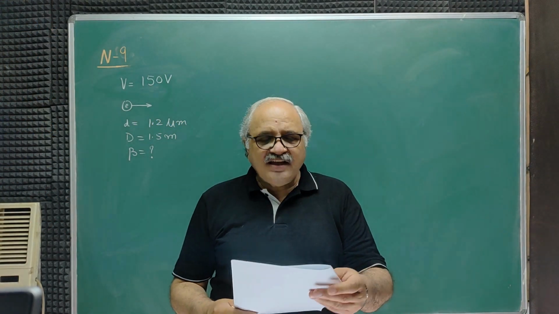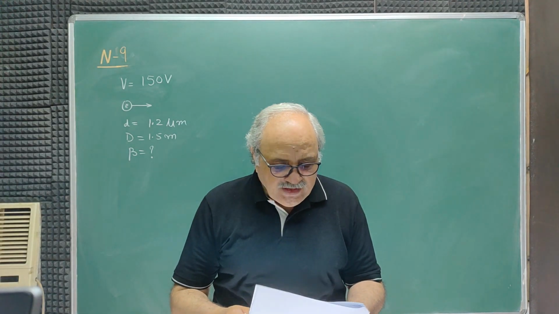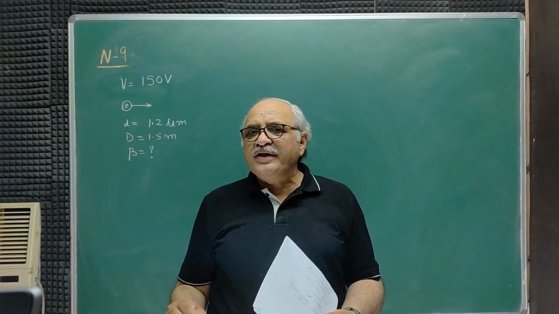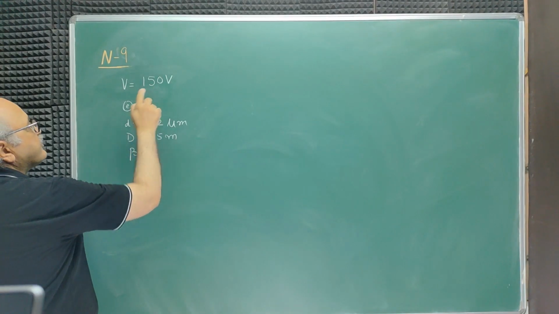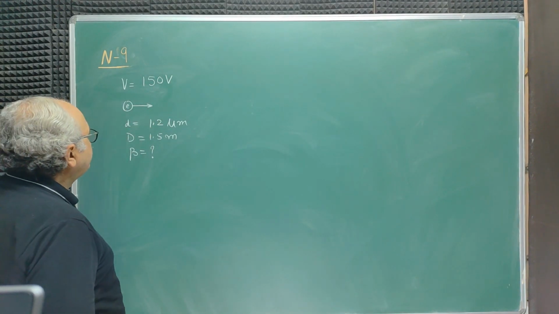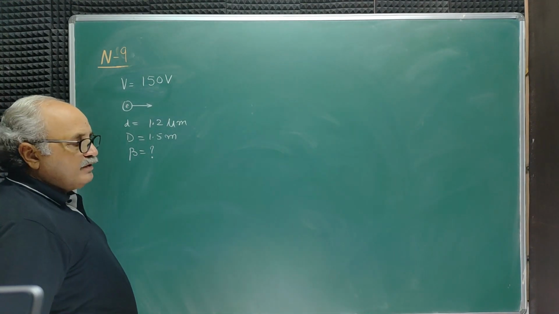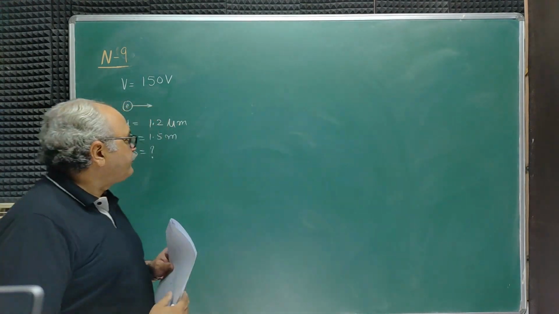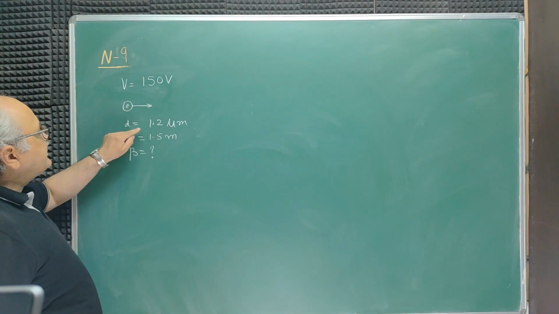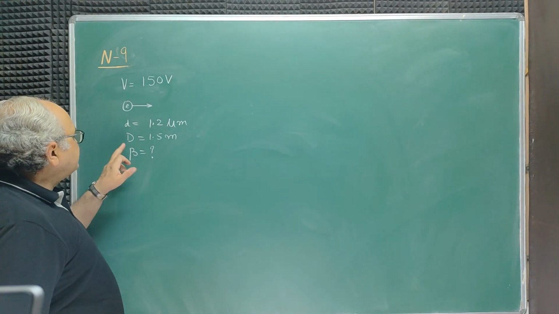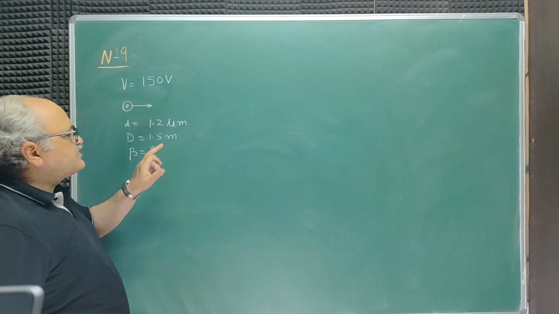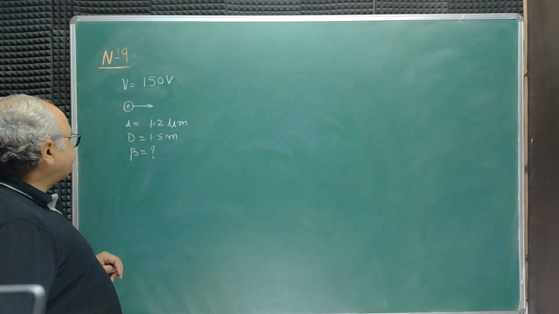So let's take the 9th question. In this, an electron is accelerated from rest by a potential difference of 150 volt, and now this electron continuously bombards two slits at a separation of 1.2 micrometer, and a screen or detector is kept at a distance of 1.5 meter.